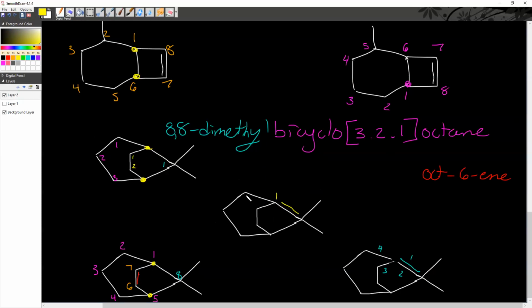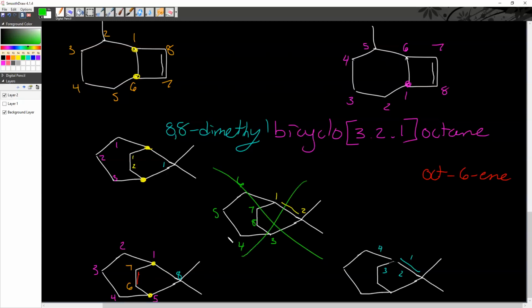Because I'm labeling one there, I have to follow through. So I'm locking the orientation of the molecule, and we would just finish up numbering the way that we expect. So this would be 3, 4, 5, 6, and then we would call that 7 and 8. Not as pretty, but needs must when we have these more complicated ones.